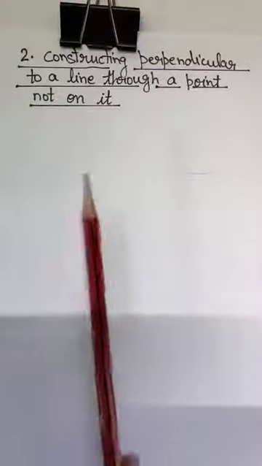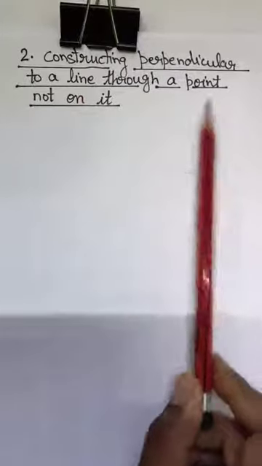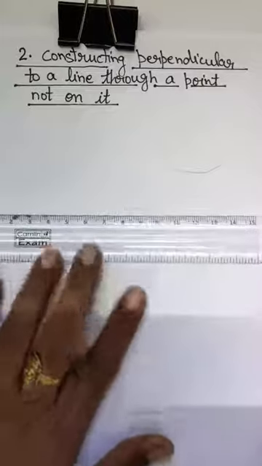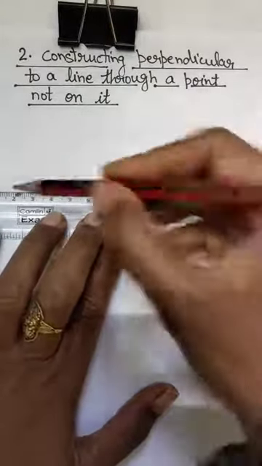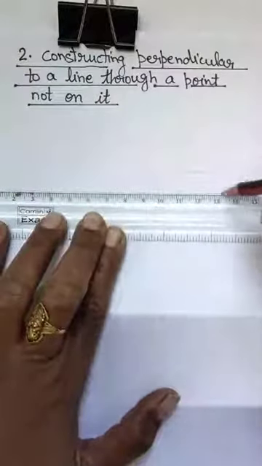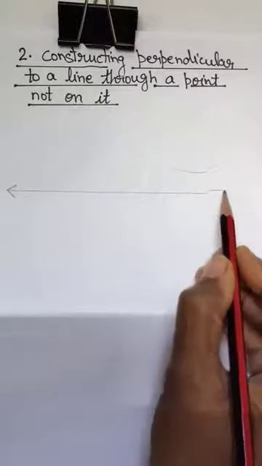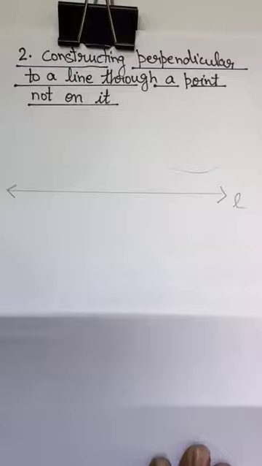Now our second topic is to construct a perpendicular to a line through a point not on it. Now the point is not given on the line. Now see how we will do. First of all, we will draw a line. This is our line L. Okay. Now mark a point P which is not on it.